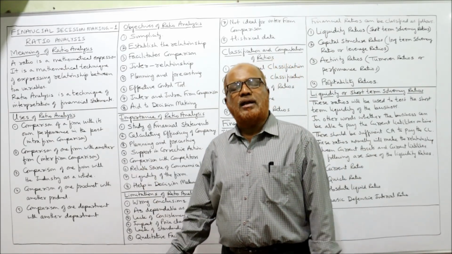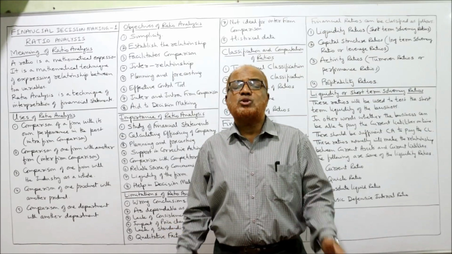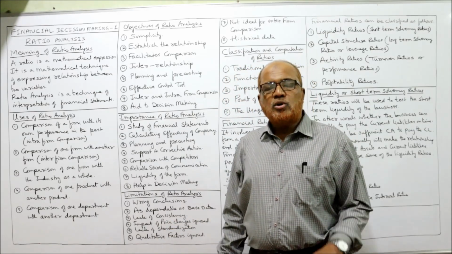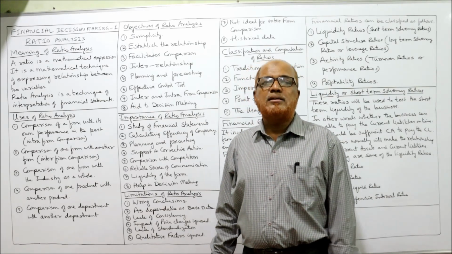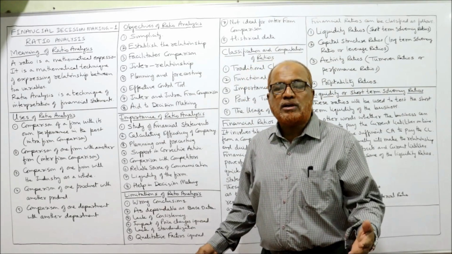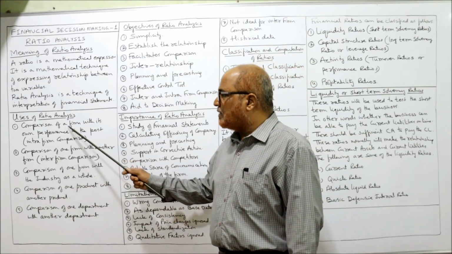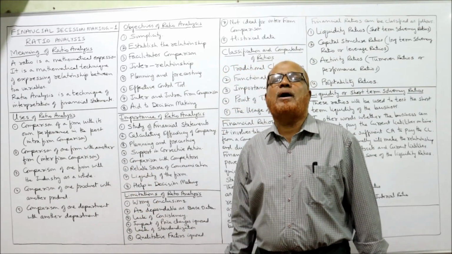Now, uses of ratio analysis. Why will ratio analysis be used? Most importantly, it will be used for comparison purposes. First, comparison of the firm with its own performance in the past.